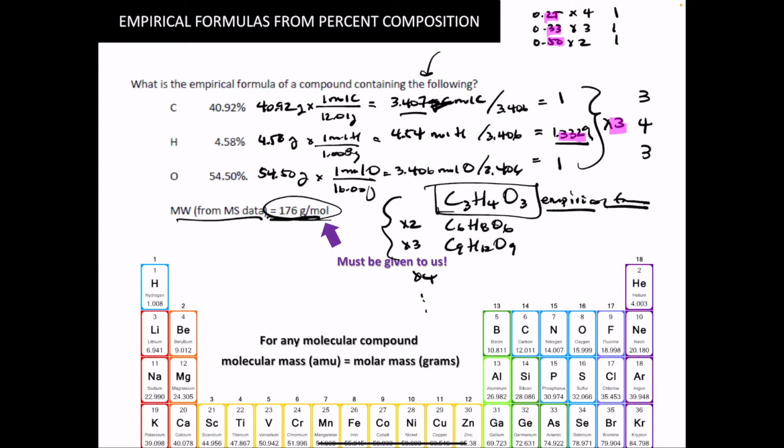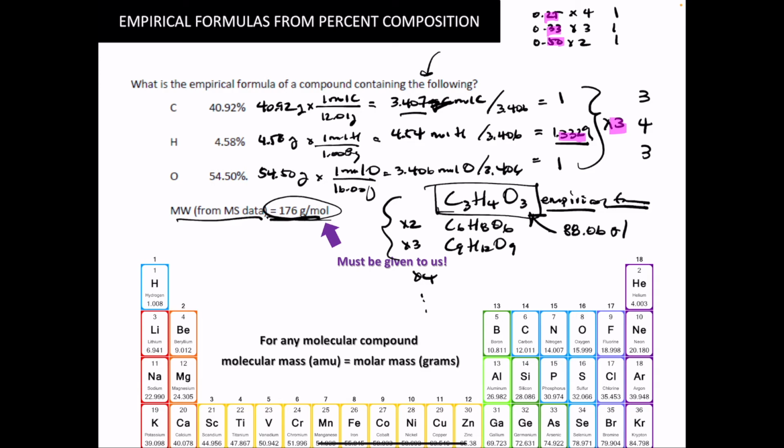So what I'm going to do is add up the molar mass of this guy. Let's see. 3 times 12.01 from the periodic table plus 4 times 1.008. We're doing the same thing we did with water and sodium chloride, plus 3 times 16.